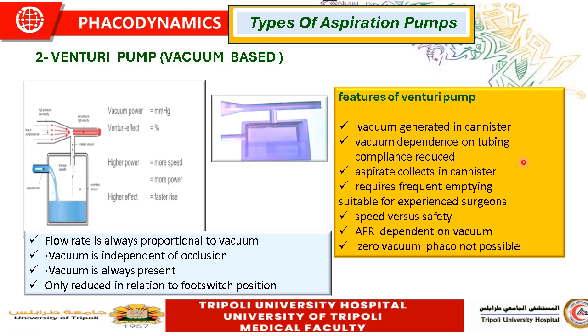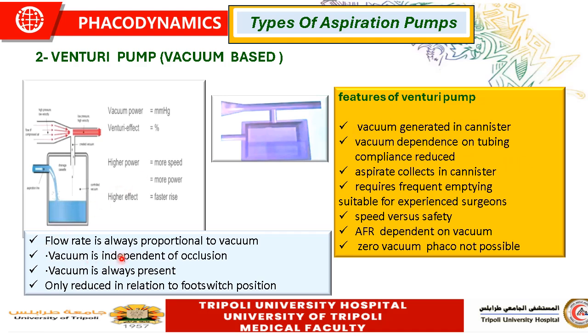The rising time is very short as compared to the peristaltic pumps, so once you put your foot in the foot pedal in position 2, the vacuum will be rapidly and linearly controlled with a very short rising time. It should be noted here that there is no zero vacuum. Once you press, it will start immediately, so there is no zero vacuum phacoemulsification in this type of pump.